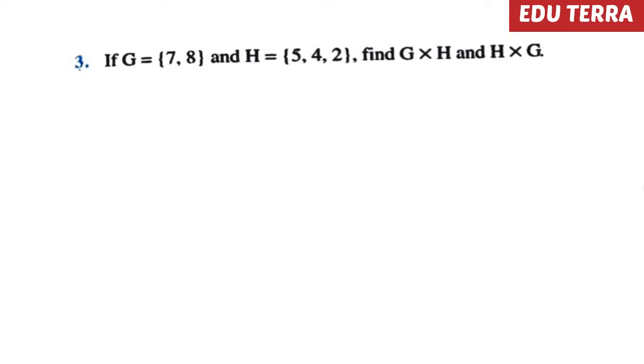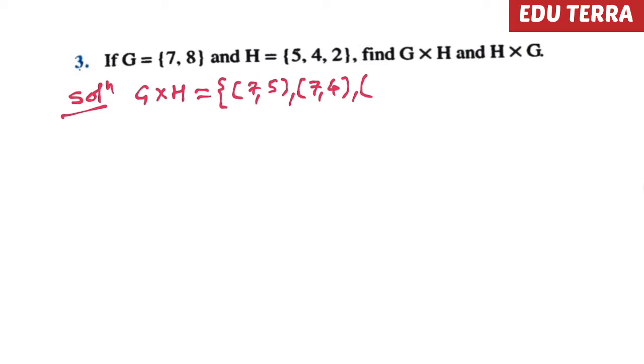Now let's see question number 3. If G equals {7, 8} and H equals {5, 4, 2}, find G cross H and H cross G. So listen here: G cross H never equals H cross G. Be careful. So G cross H equals (7, 5), (7, 4), (7, 2), as per the definition of Cartesian product. Now (8, 5), (8, 4) and (8, 2).